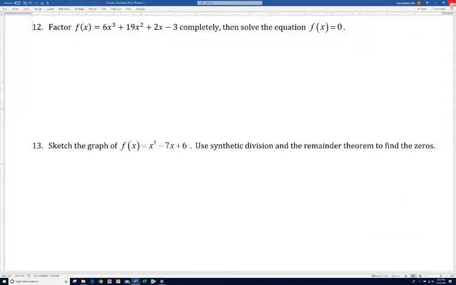It says factor f of x equals 6x cubed plus 19x squared plus 2x minus 3 completely, then solve the equation f of x equals 0. Now, notice here, this cannot be factored by grouping. And so we've got a problem here.